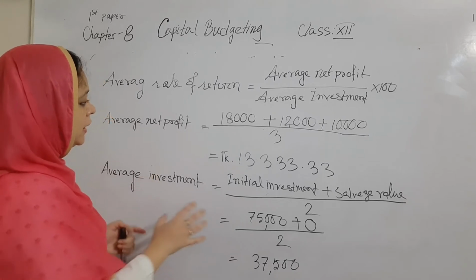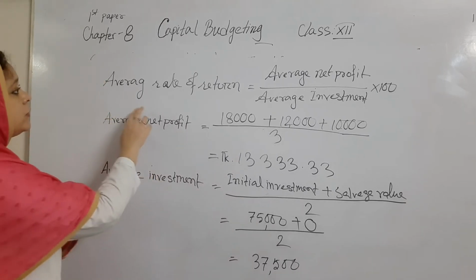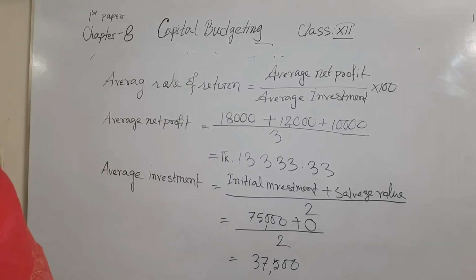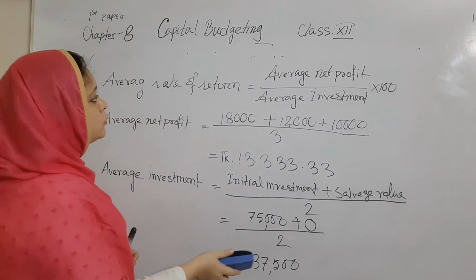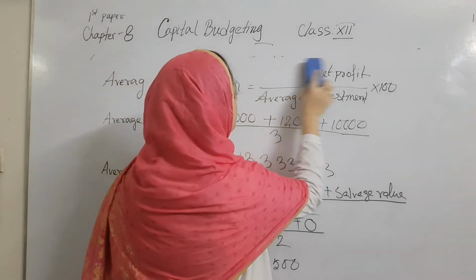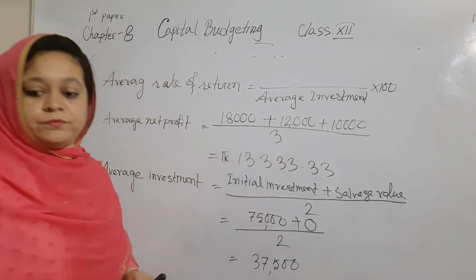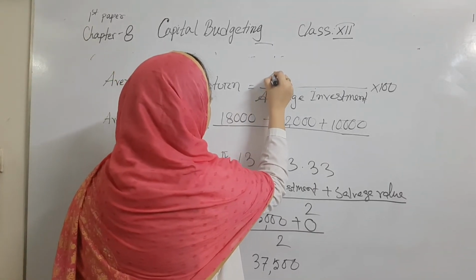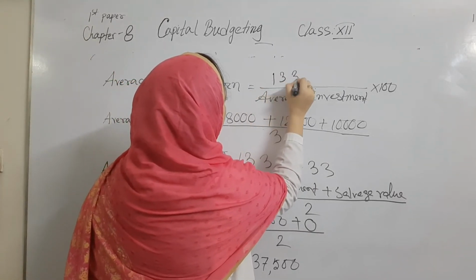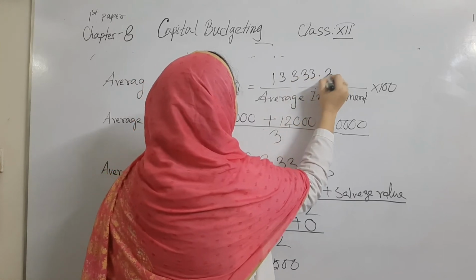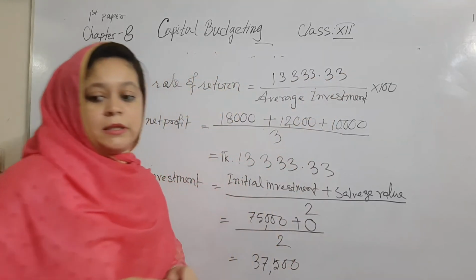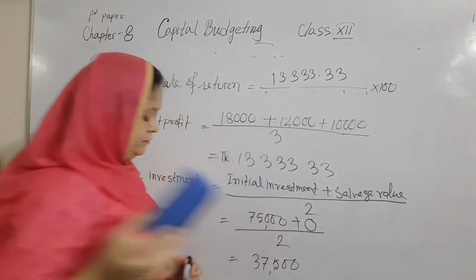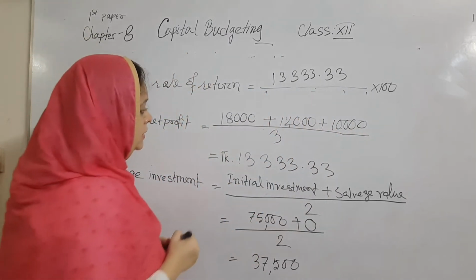Both answers will help us to find out the average rate of return. So here for the average rate of return, we put these values. The average net profit is 13,333.33, and the average investment is 37,500.